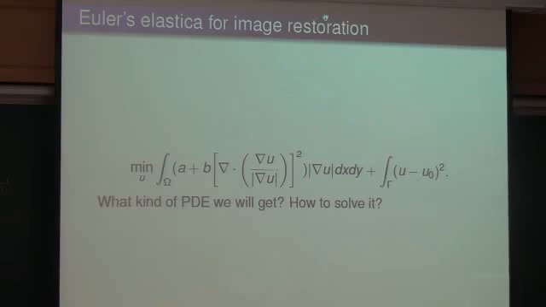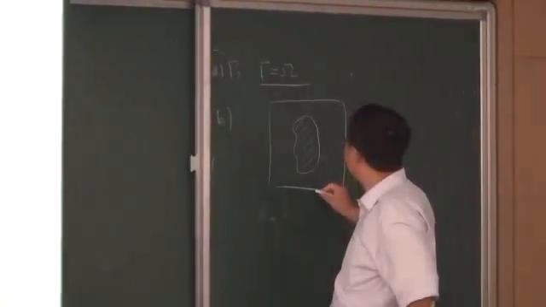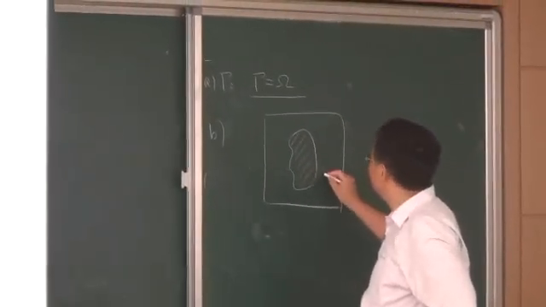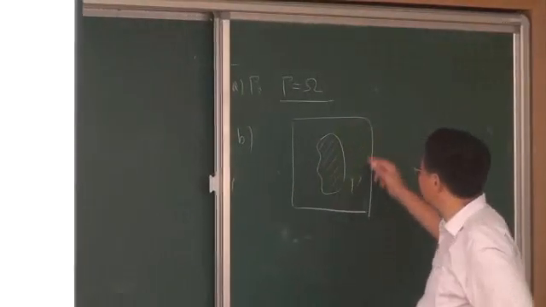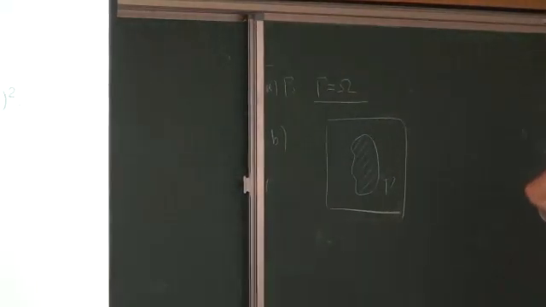And for inpainting, mostly you have an image. This part is missing, and here is gamma. In the gamma part, the image is known.